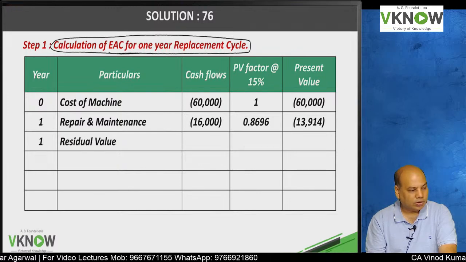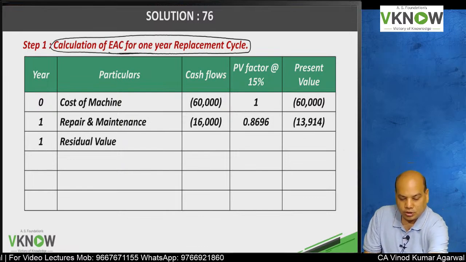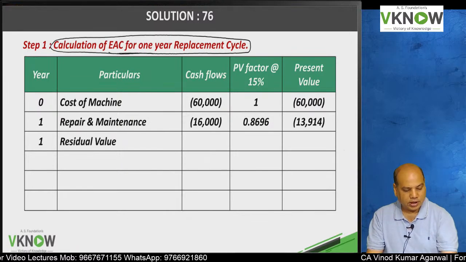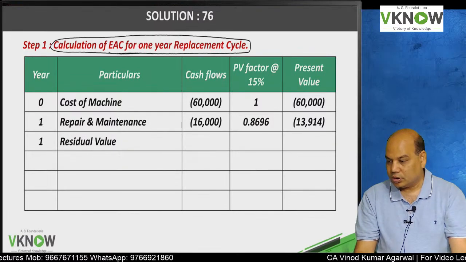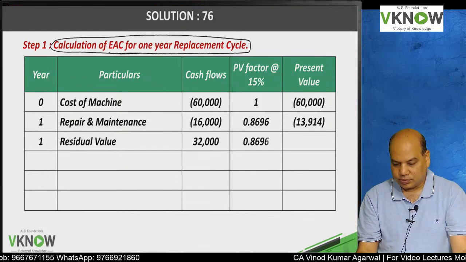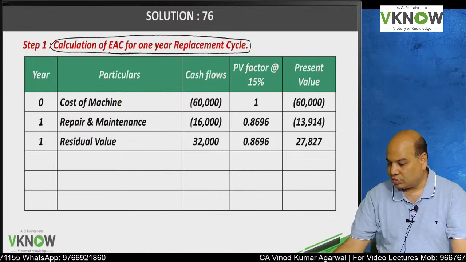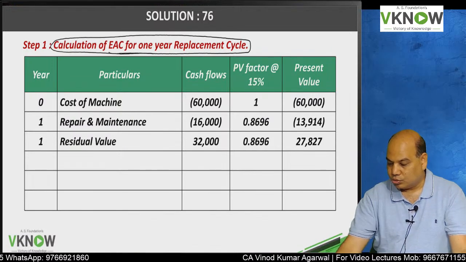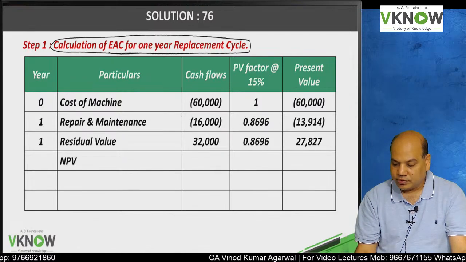And in year 1 you will scrap it. So the residual value or scrap value you will get is 32,000. The present value factor is given; use the factor if given.